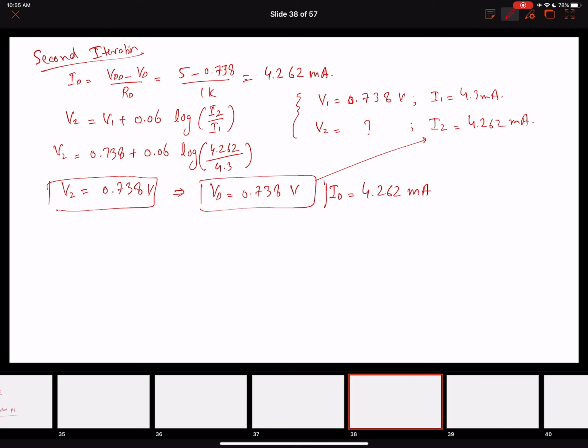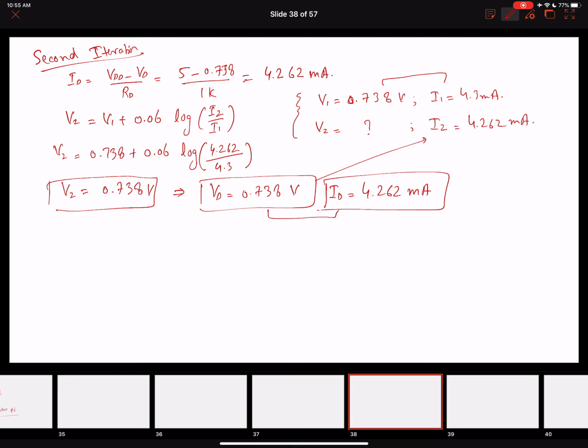Now if I compare these two values with the earlier values that we got from the first iteration, they are very close. The VD is almost exactly the same, and the values of the ID, 4.3 and 4.262, are also reasonably close to each other.